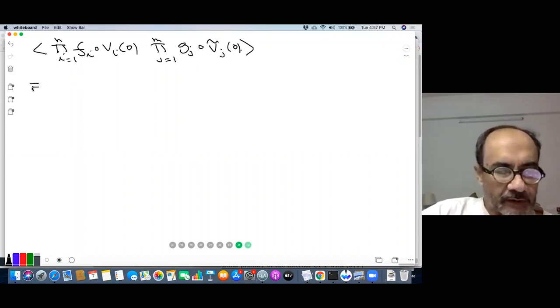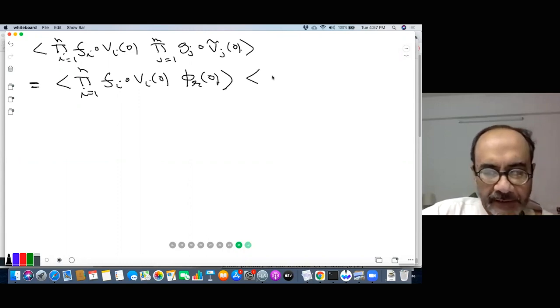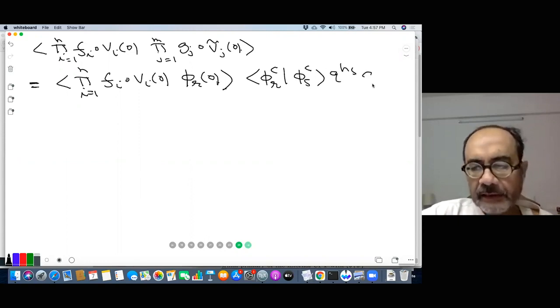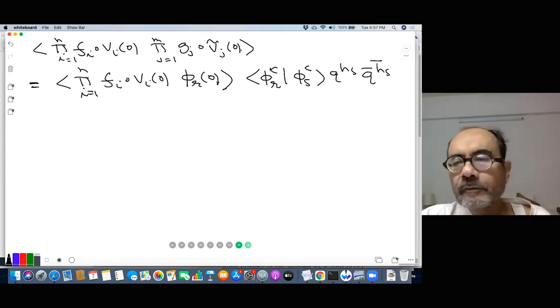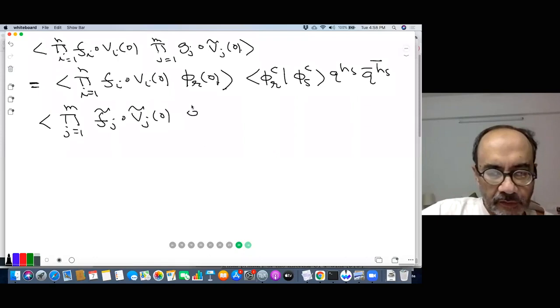This I now rewrote as product over I equal to 1 to n, fi dot vi 0, phi r of 0. Then I have a factor of phi rc, phi sc, q to the hs, q bar to the hs bar. And then product j equal to 1 to m, f tilde j dot v tilde j of 0, phi s of 0.